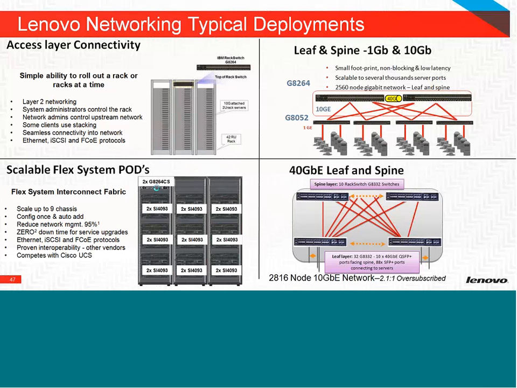You'll see this is 1 gig to the host, and then 10 gig providing the backbone connectivity. And if we drop down to the lower right, now I've got 40 gig connectivity between the switches, and then 10 gig connectivity to the host.